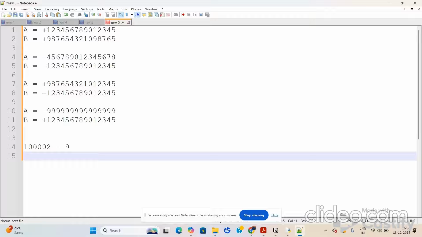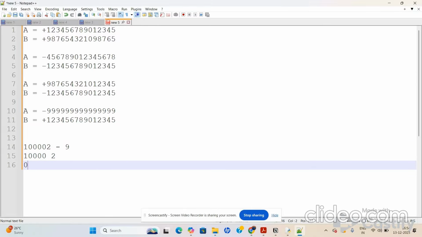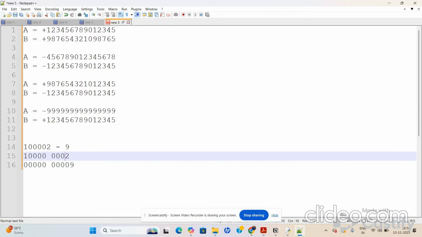Okay, so in the 10 power 5 base representation, how it becomes is you have 1 and then you have 2, and this one becomes 0 0 0 0 9, and this one becomes like this, correct?